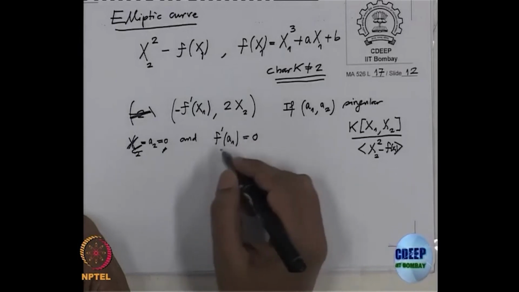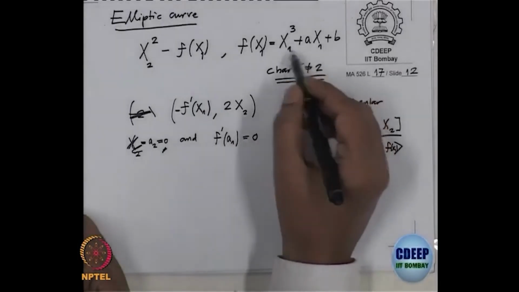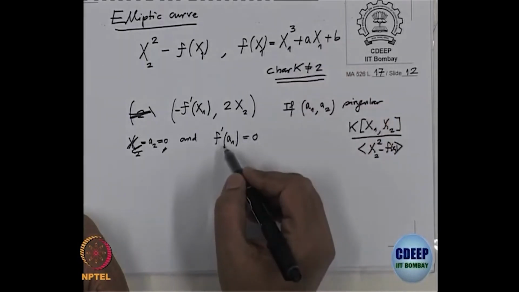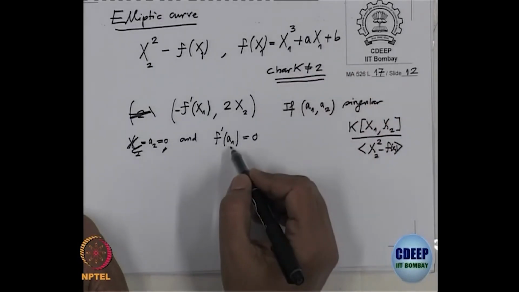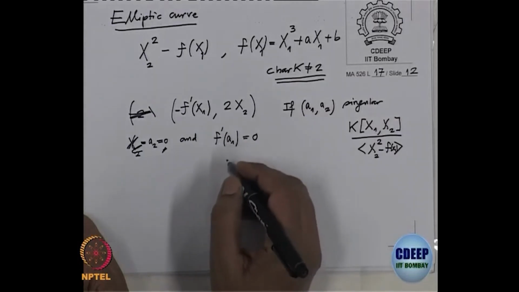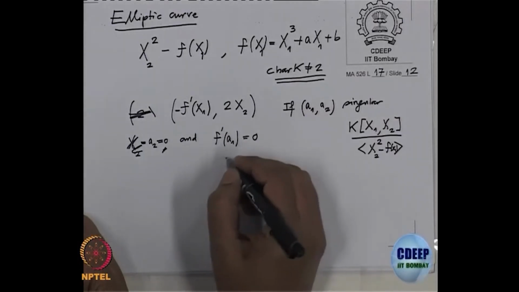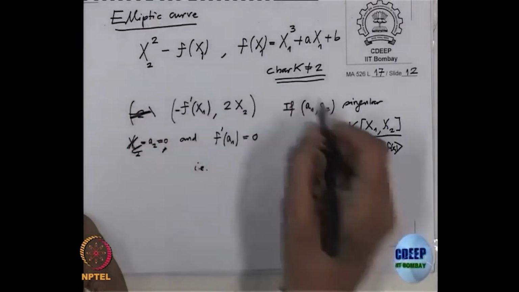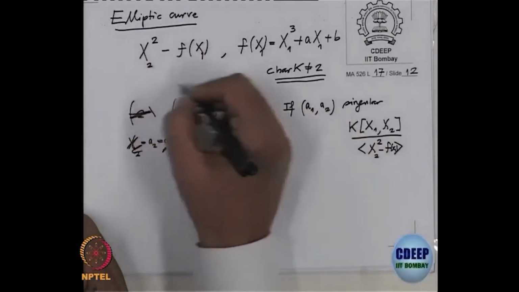But what does this condition mean? This is a cubic equation, and the derivative is vanishing here. So that a1 a2 also should pass through this curve.